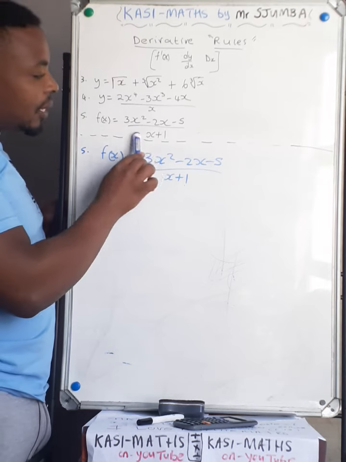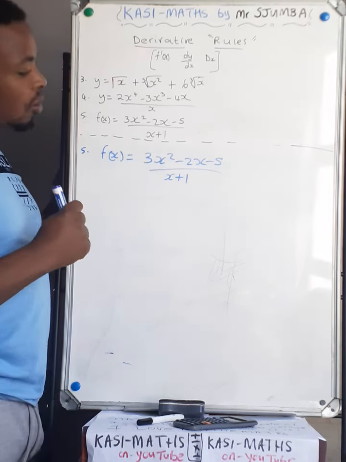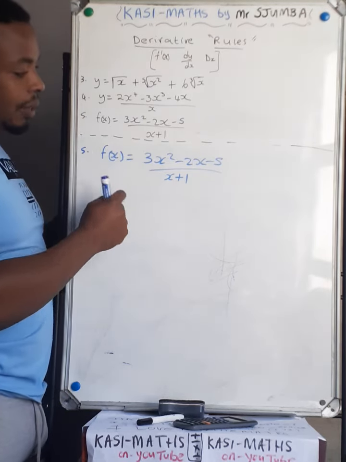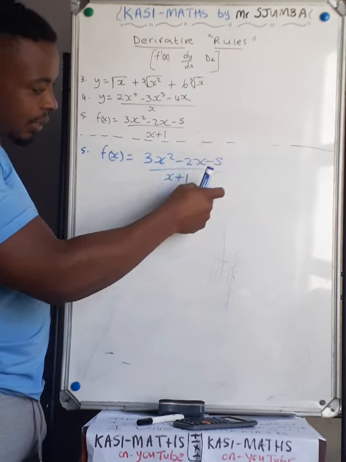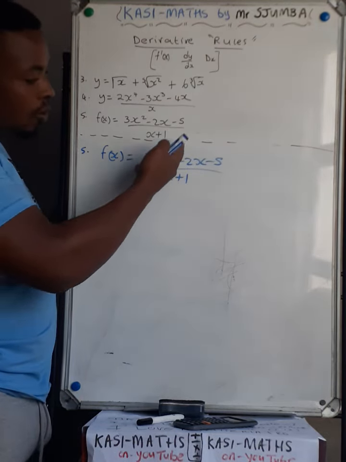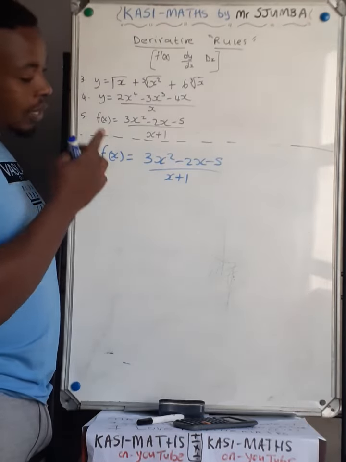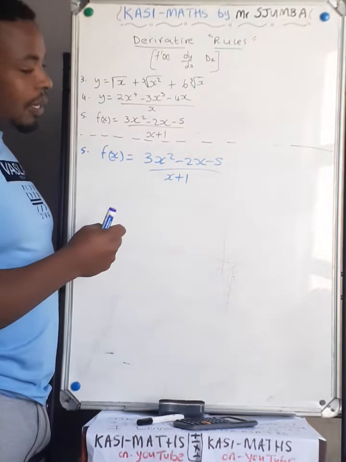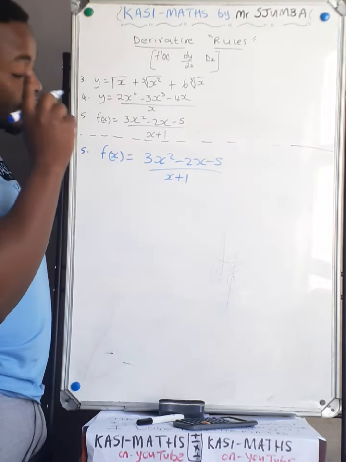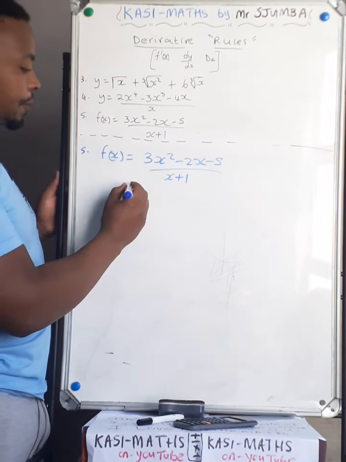But if the denominator has more than one term, two or three or even more terms, you should factorize, you should never separate. Factorize the top, and then you will see that the top cancels the bottom.